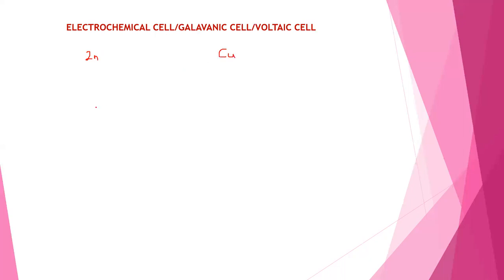So we will have our first half cell like this. This half cell contains the electrode which is dipped in its solution or its ion. For example, we have zinc and copper. Therefore, this side will have the zinc electrode.